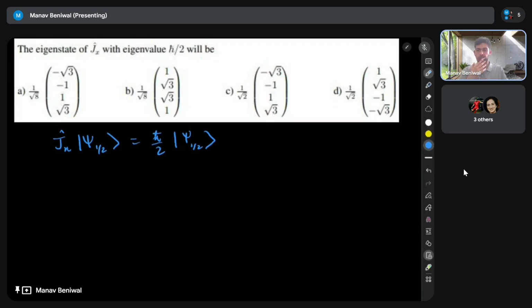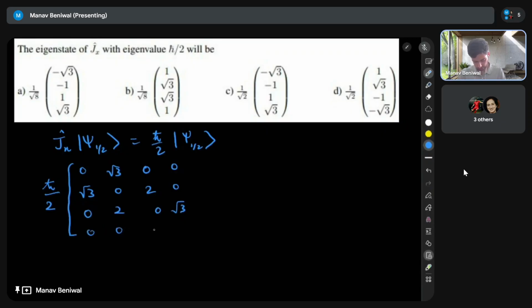Okay, so first of all, let me ask you, are we familiar with the form of Jx? Jx has this form, h cut by 2, times the matrix with rows 0 root 3 0 0; root 3 0 2 0; 0 2 0 root 3; and 0 0 root 3 0.